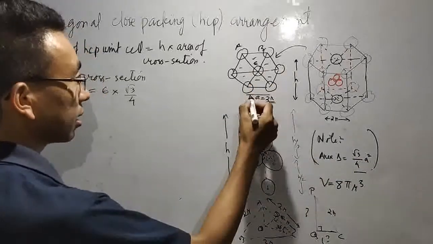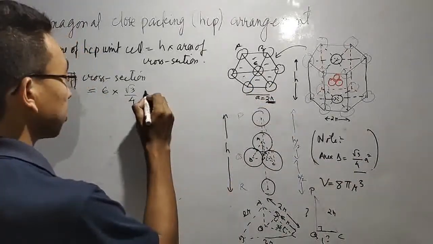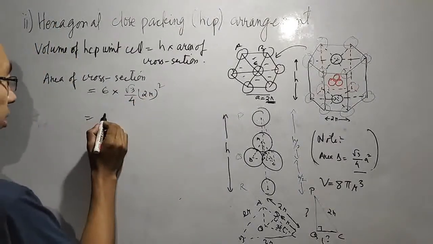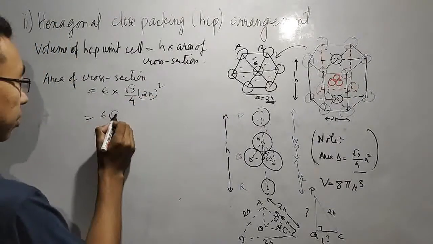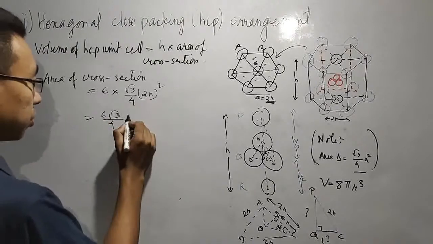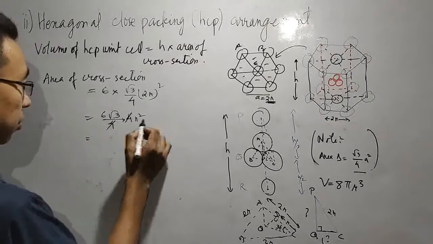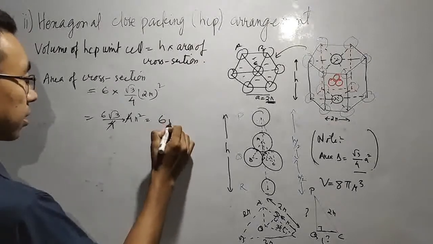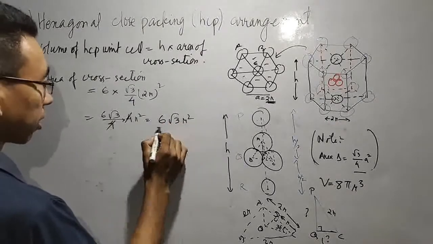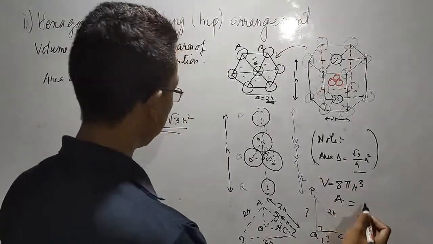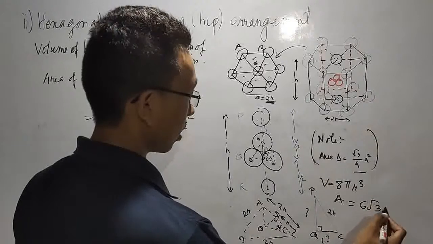Here the side is 2r, so we write (2r) square. Then 6 √3 by 4 into 4 r square, the 4 cancels, so we get 6 √3 r square. This is the area of cross section, so I'll write it down here: 6 √3 r square.